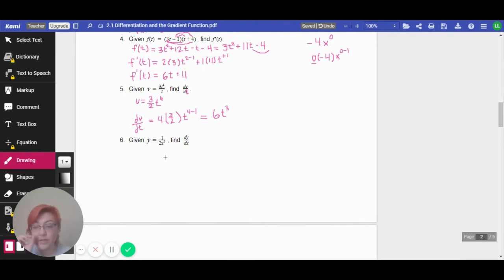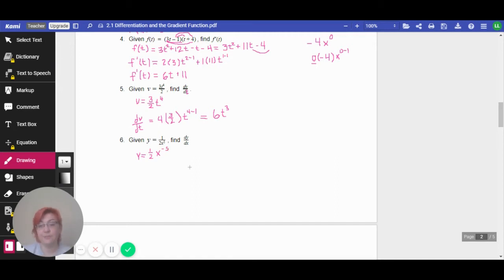Here, I'm going to write the fraction as my coefficient, and then I'm going to use exponent rules to rewrite this so that I don't have anything in the denominator. So I'm going to say that y is actually equal to 1/2 x to the negative 5.